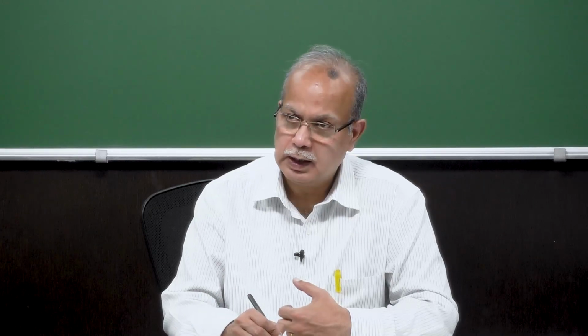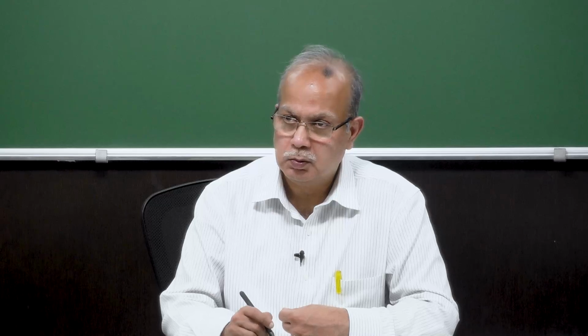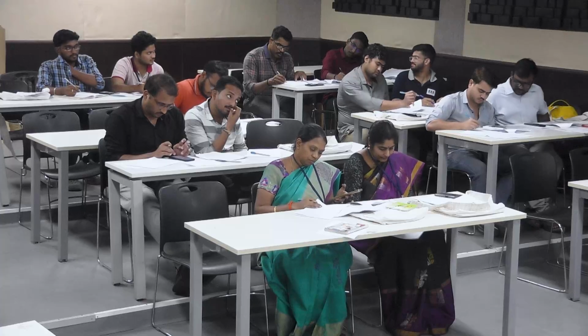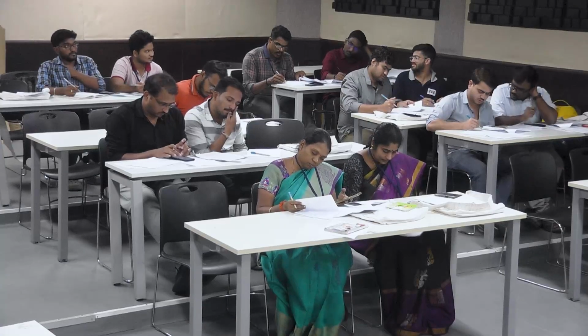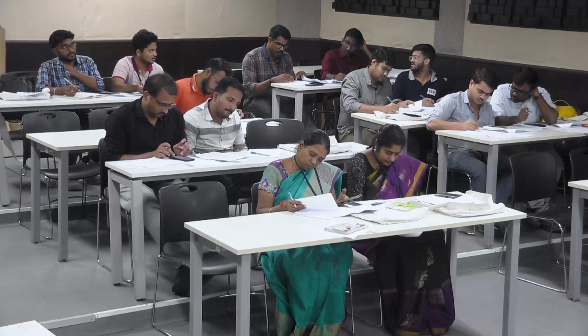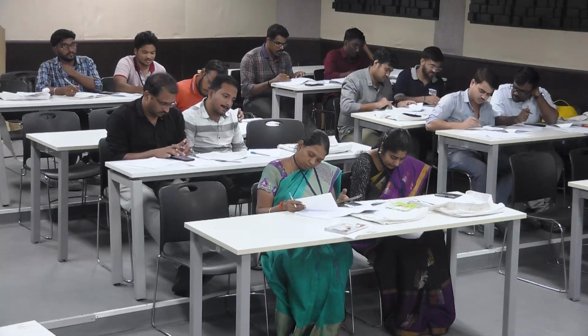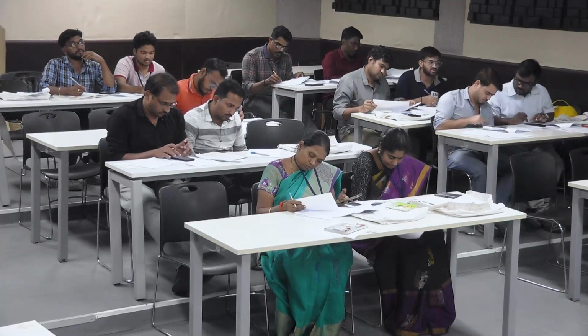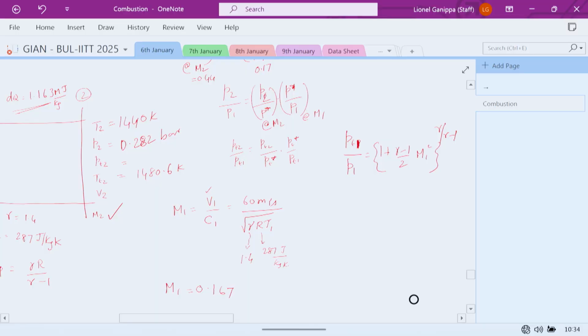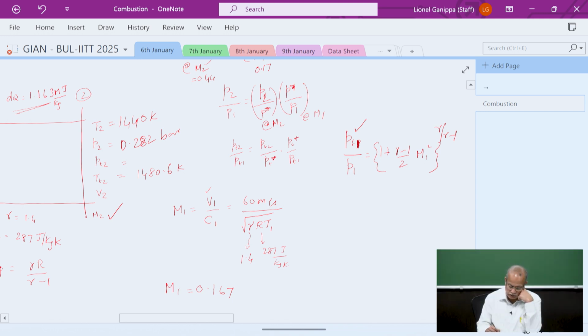P2 is already calculated, 0.282. From this you can find PT1, and then you can find PT2 by PT1 is equal to PT2 by PT star and PT star by PT1.